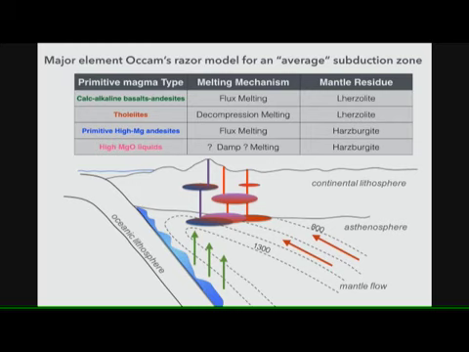Yes, there's probably some places where we have sediment melting and oceanic crust melting. And yes, we probably have places where we have changes in extent of melting because of changes in water fluxes. But as an average integrated, simplest explanation view, this is one.